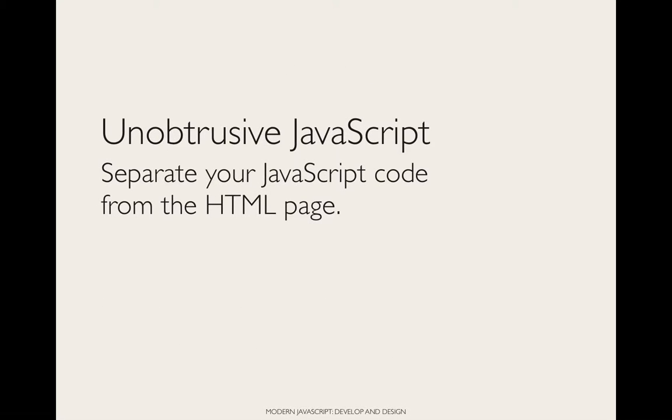So the principle is JavaScript should be unobtrusive. In other words, you're going to try and separate your JavaScript code from your HTML page, which is why that old method of attaching events is frowned upon. Just like CSS is in a separate style sheet, it's best to put JavaScript in a separate script file so that it's easier to debug, it's easier to share code, it's just much simpler all the way around.